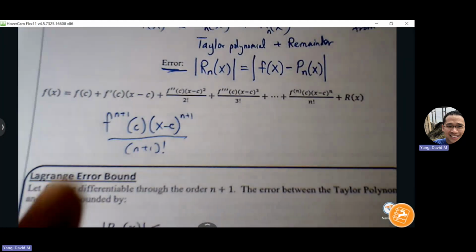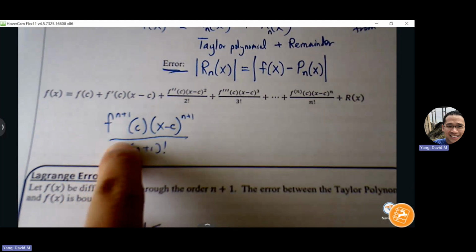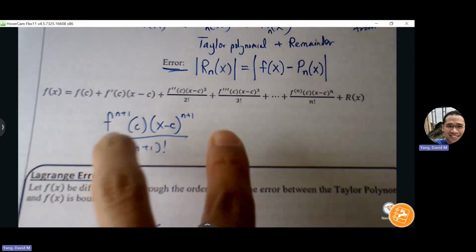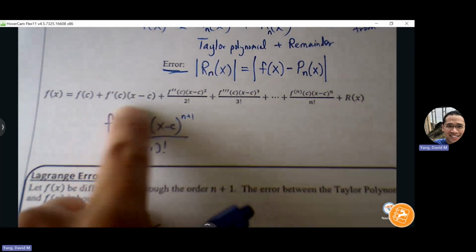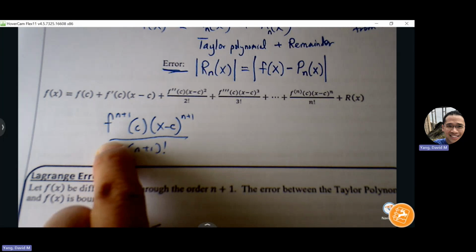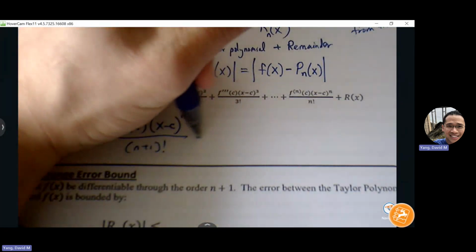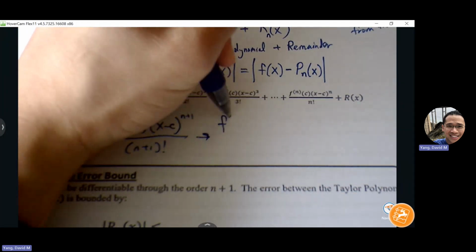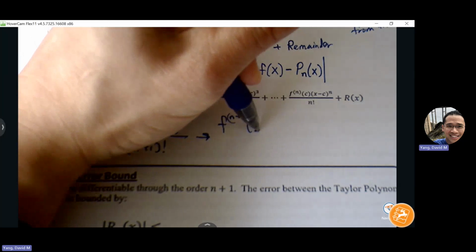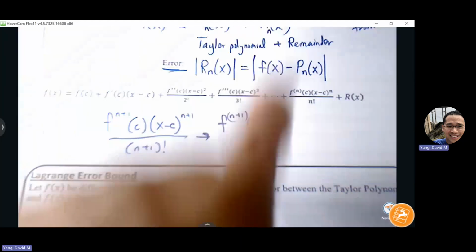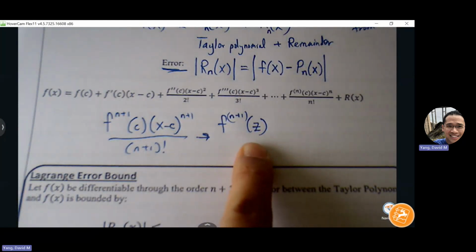That's how we usually imagine approaching an alternating series: we look at the first unused term. But what's different is that because this is no longer an alternating series, we have to make a slight adjustment. That adjustment is that we need to find the (n+1)th term evaluated at some unknown x value, which we're going to call z.